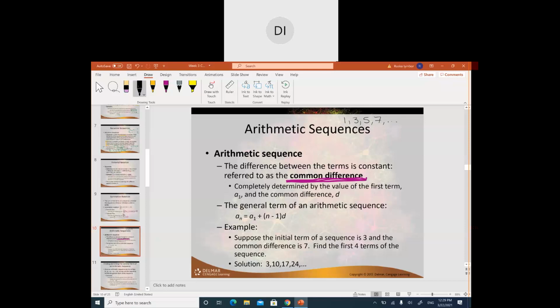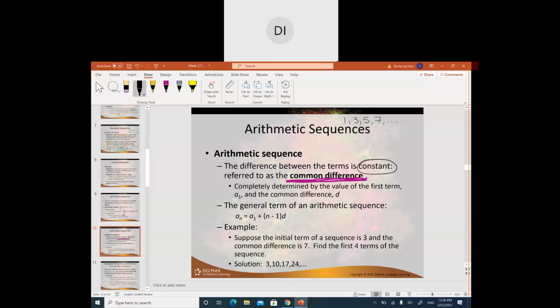We're going to add or subtract something to each term, okay? And adding and subtracting means if you add a negative number, it's going to be subtracting that number, right? That's why I'm saying adding or subtracting, okay? And you're adding the same number. It's a constant number, okay? That's important, constant, okay?